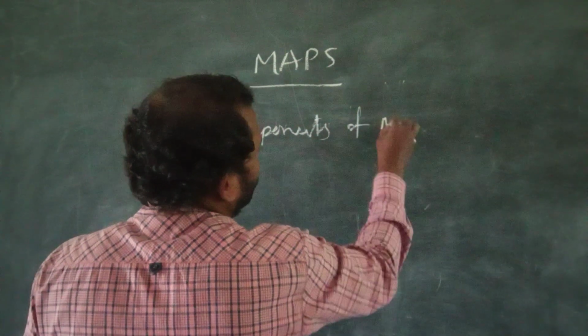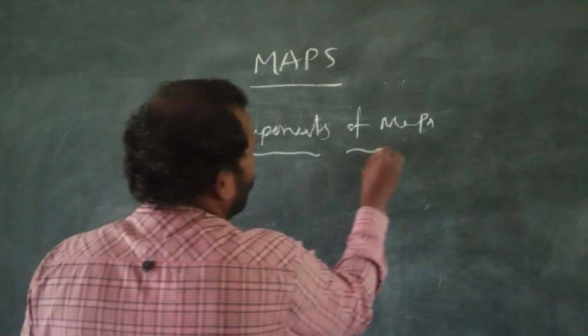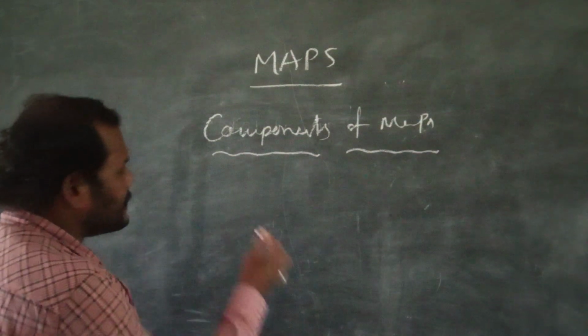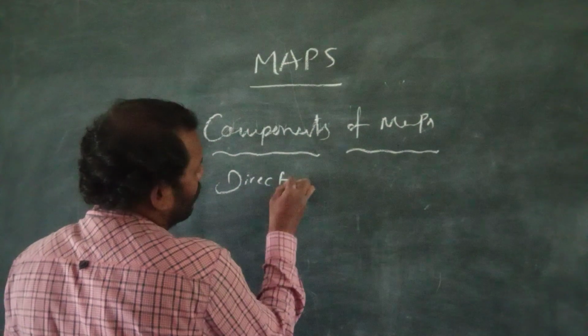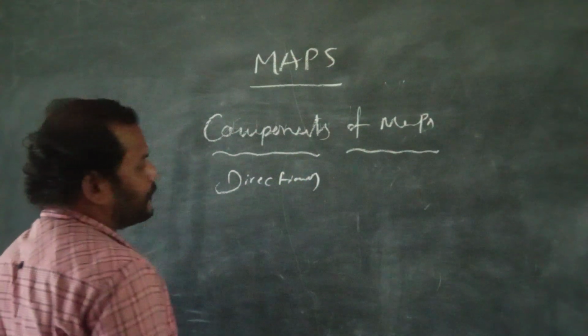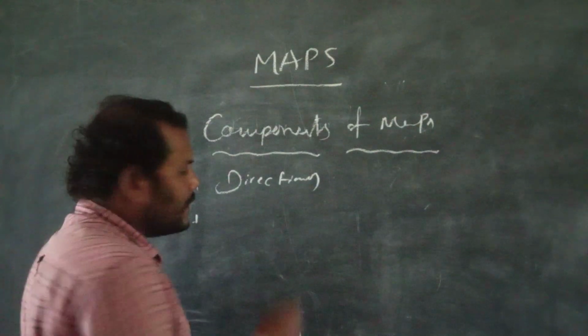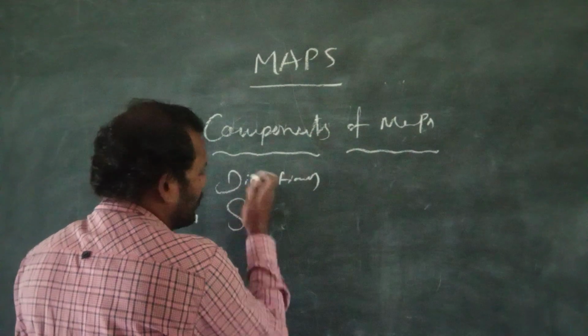Components of maps. What are the components of the map? First one is directions. Second one is the scale.